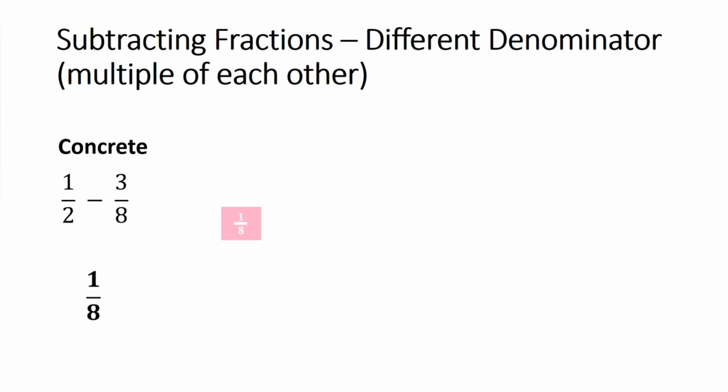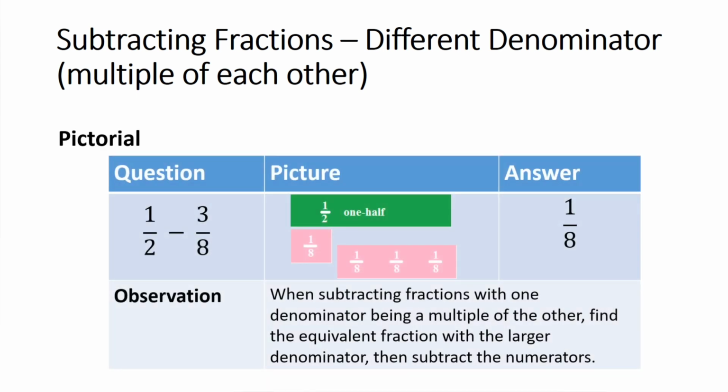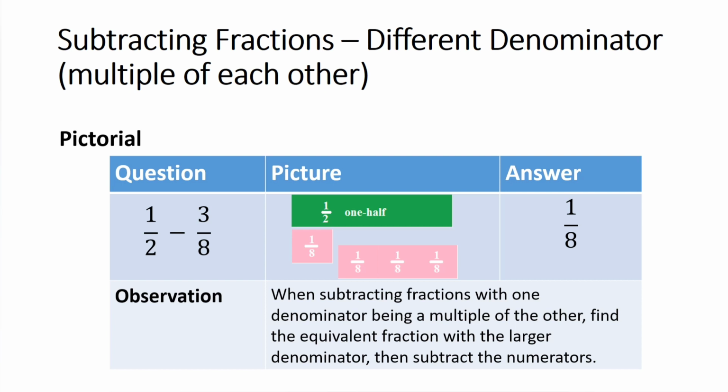The students will now be able to move on to the pictorial realm, where the said questions that were given in the concrete stage are used in the pictorial stage. This is so that the child can make the observation by examining the questions, picture and answer, so that they can derive the algorithm for subtraction.